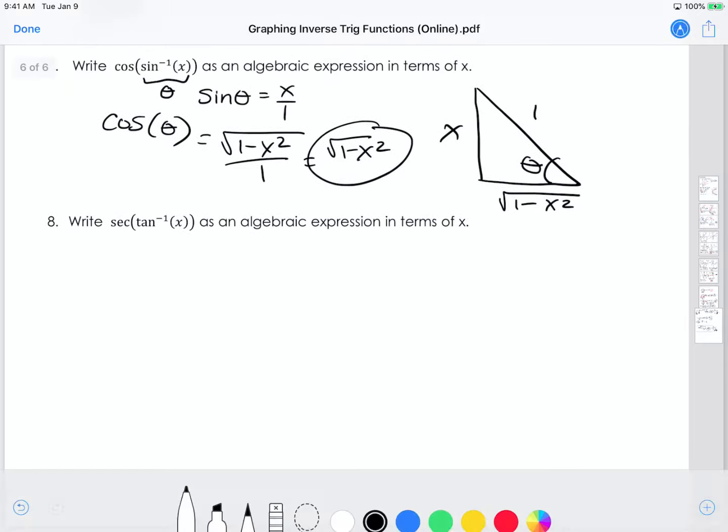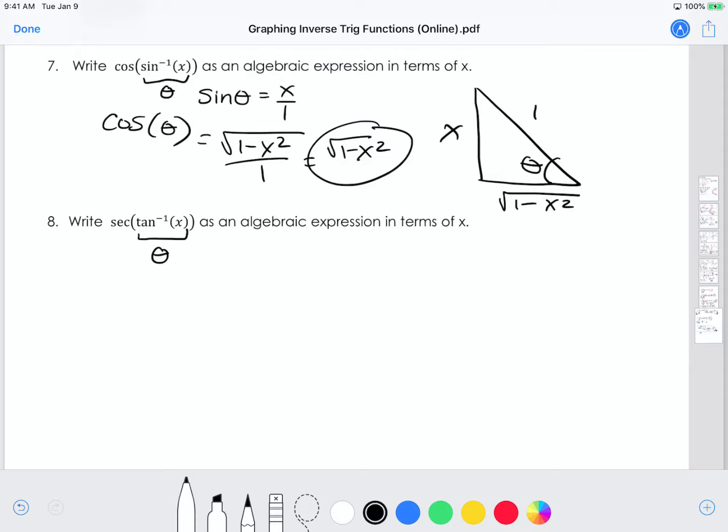Okay, we're going to do the same thing for this last example. This represents an angle. So we can write this as tangent of the angle is x over 1. So here's my angle. Tangent is opposite over adjacent.